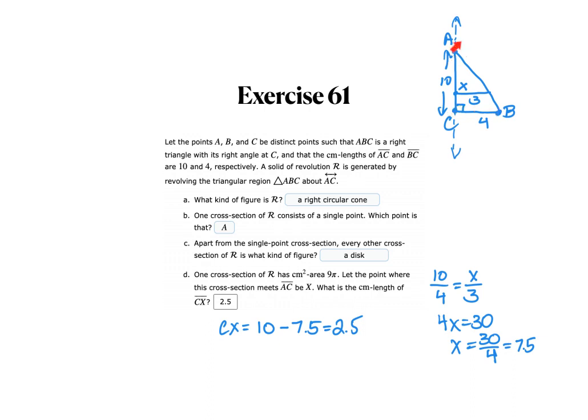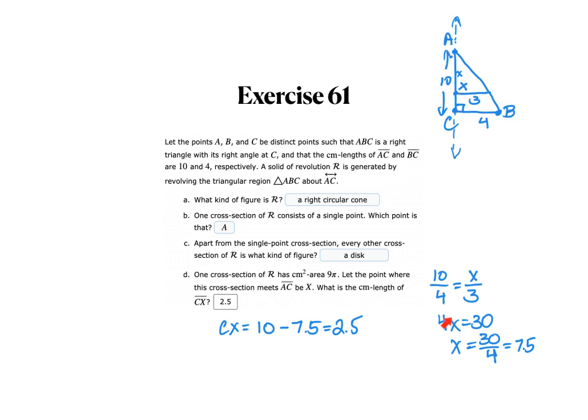Looking at this, I have created two similar triangles, so I can set up a proportion. I called the distance between A and X lowercase x. I set up a proportion that says 10 is to 4 as x is to 3.